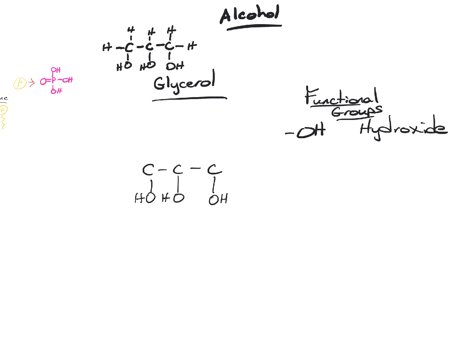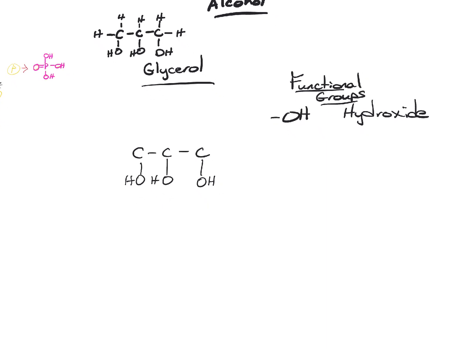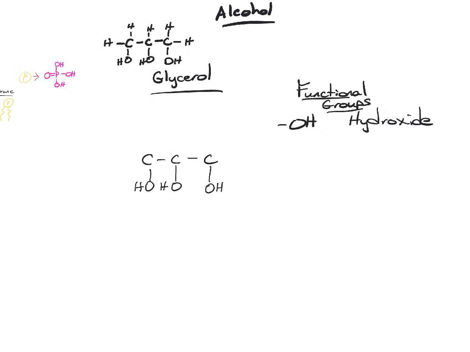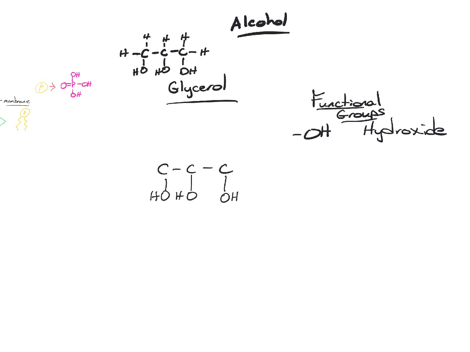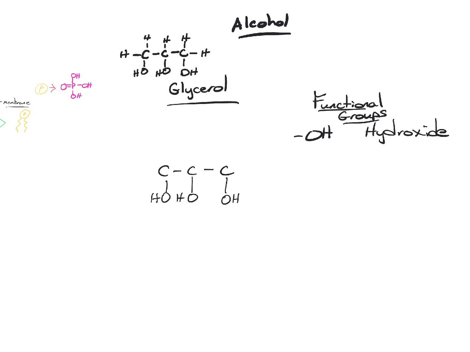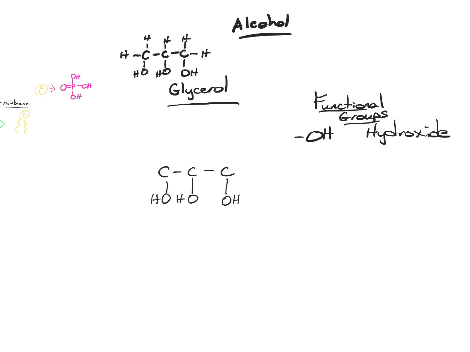Yes, sugars are a type of alcohol. That's how it's so easy to turn sugar into alcohol. It's not an alcohol, but if you go by the definition that anything with an OH group on it is an alcohol, then sugar's an alcohol because it has OH groups in it, right?